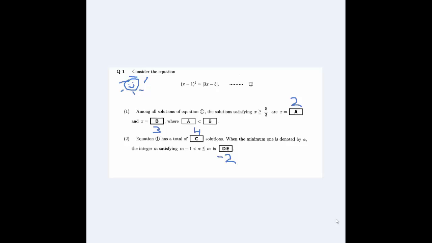Equation 1 has a total of 4 solutions. When the minimum one is denoted by alpha, the integer m satisfying m minus 1 is less than alpha is less than or equal to m is negative 2.